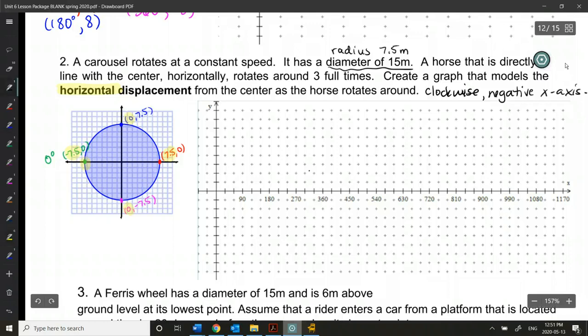So this will be our horizontal displacement, again in meters, and this will be our rotation in degrees. And we're going to scale our y-axis so that we can fit up to 7.5 in both directions. So I'm thinking we'll go by ones in both directions. And then we'll be ready.